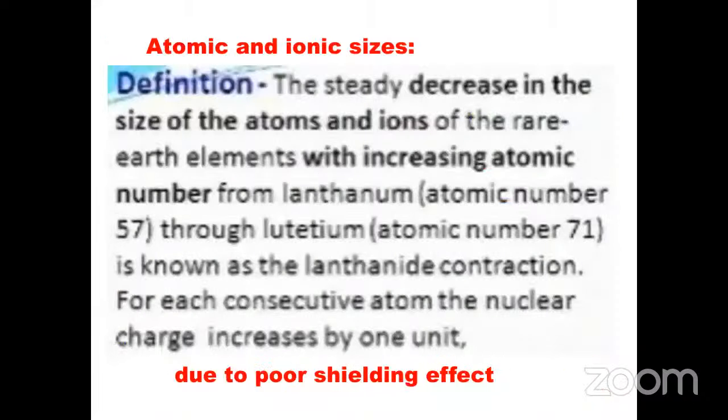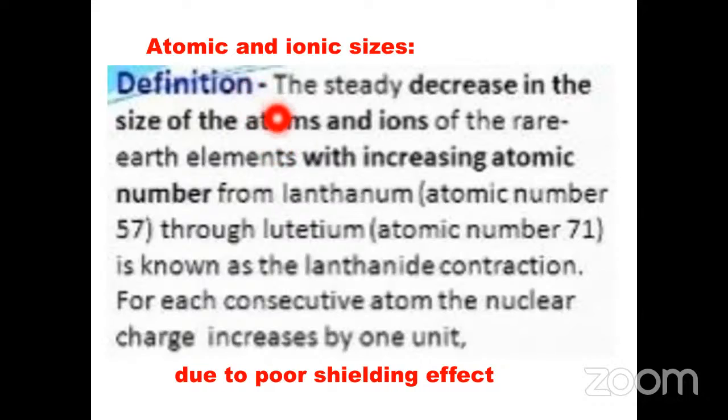Then the atomic and ionic sizes of these lanthanides. Generally in a period, from left to right, the atomic and ionic sizes decrease with increasing atomic number, because the added electrons enter the same shell.